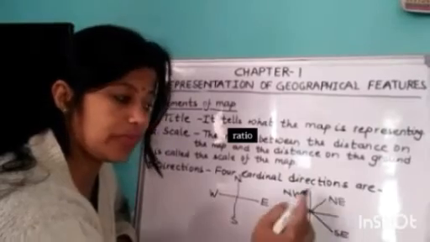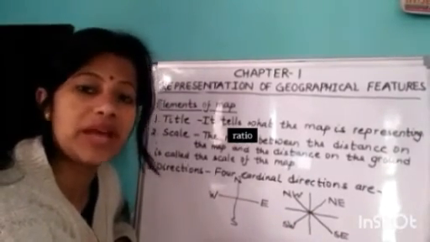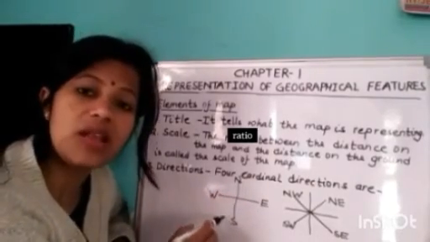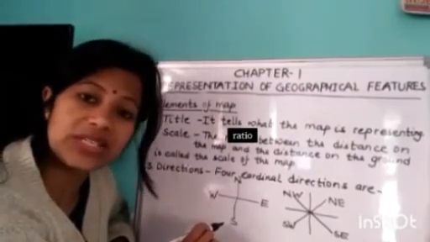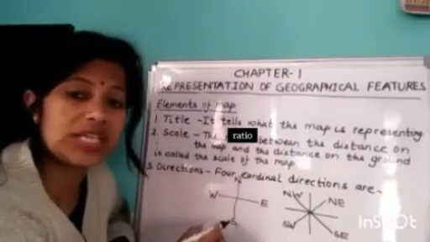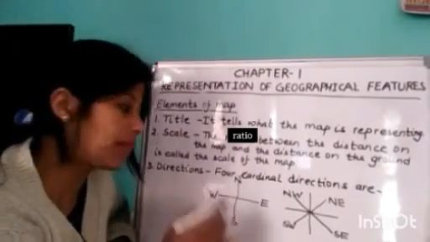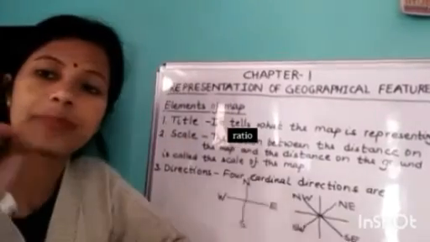They are intermediate directions or sub-directions, while these 4 are cardinal points or cardinal directions or major directions. Main directions are 4: north, east, west, south. They are called cardinal points.